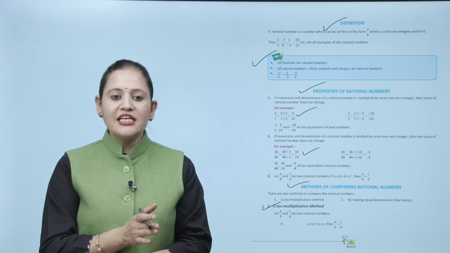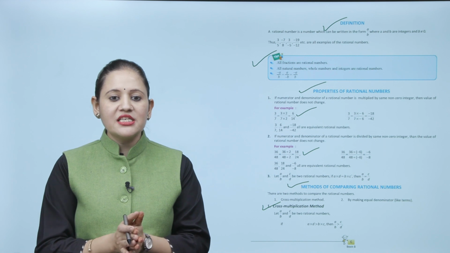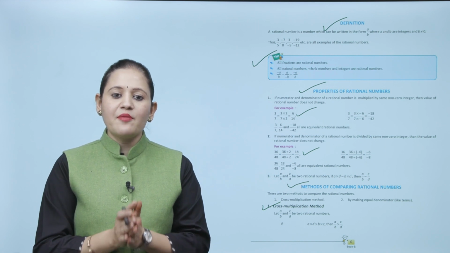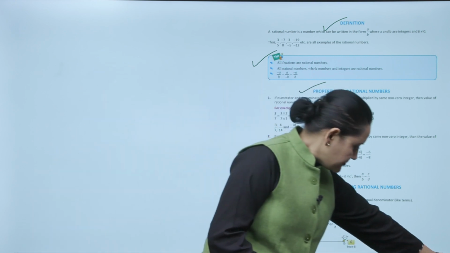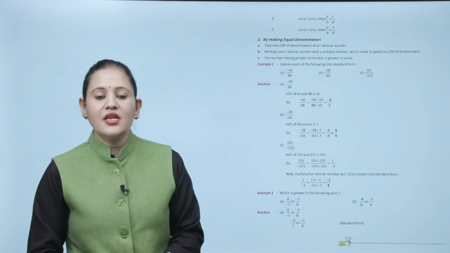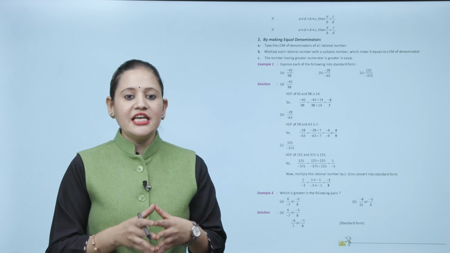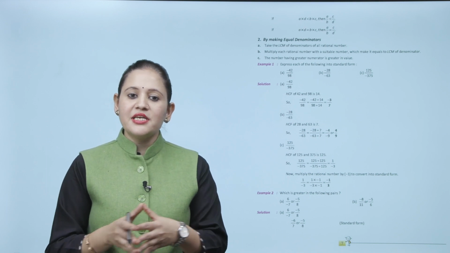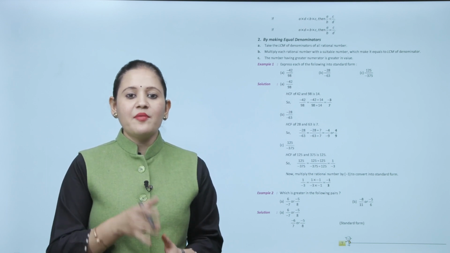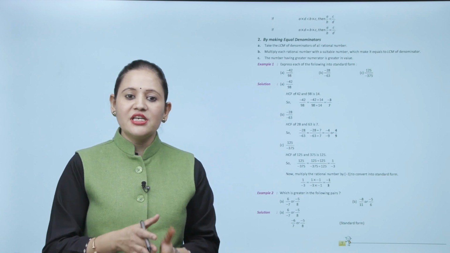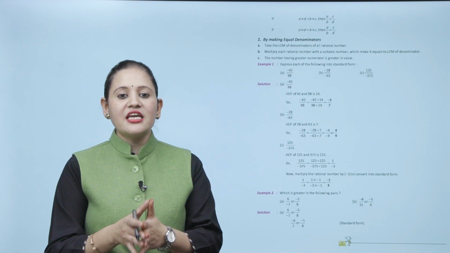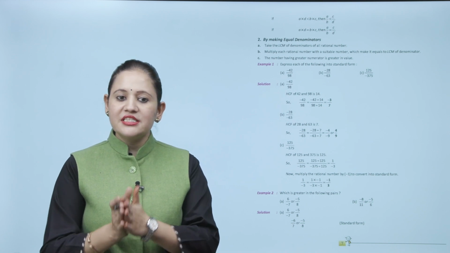If a into d is greater than b into c, then we can say a upon b is greater than c upon d. And if a into d is less than b into c, then a upon b is less than c upon d. If a into d equals b into c, then a upon b equals c upon d.